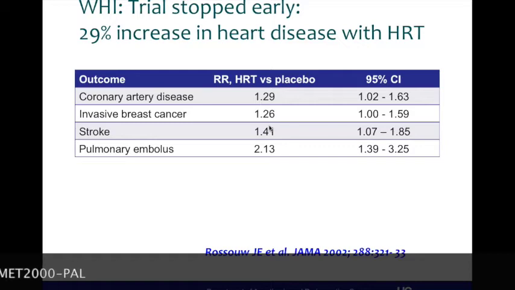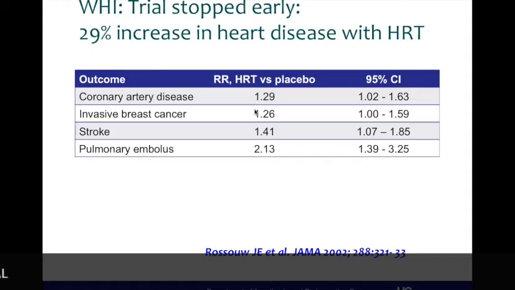Sure. A relative risk is the risk of an outcome with and without an intervention, in this case hormone replacement therapy. So a relative risk is going to look at a ratio of the risks in patients who do and don't have hormone replacement therapy.